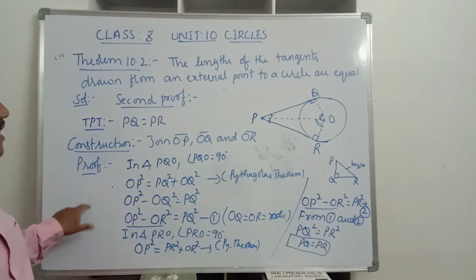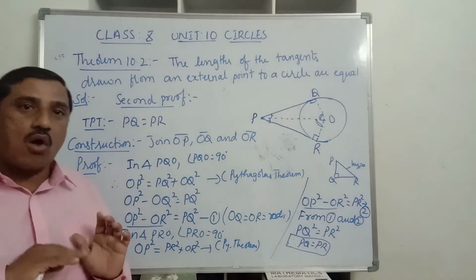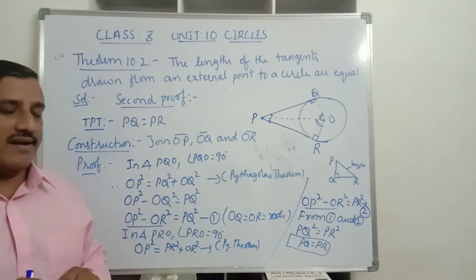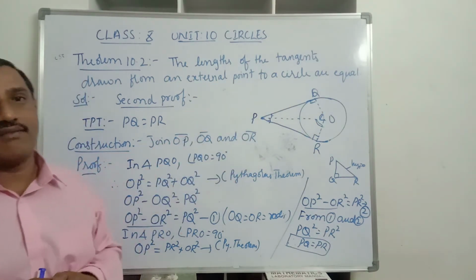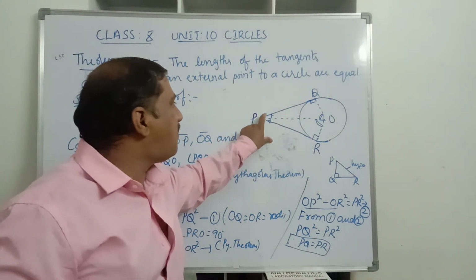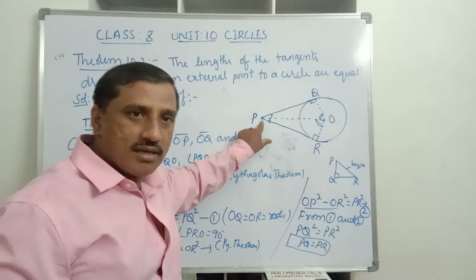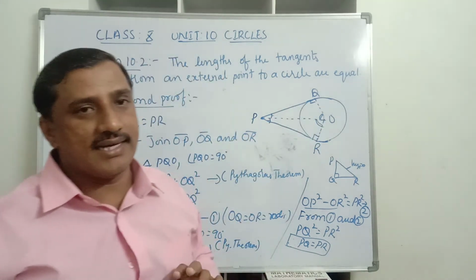What can we finally conclude? The lengths of the two tangents drawn from an external point are equal. The line PO bisects the angle made by the two tangents at the external point, and it also bisects the angle made at the center.